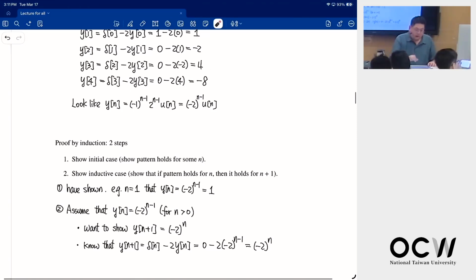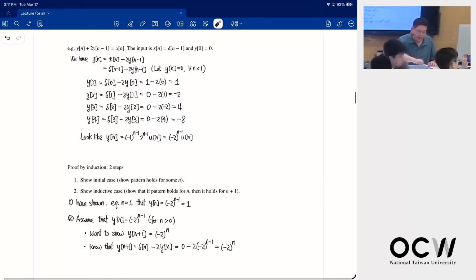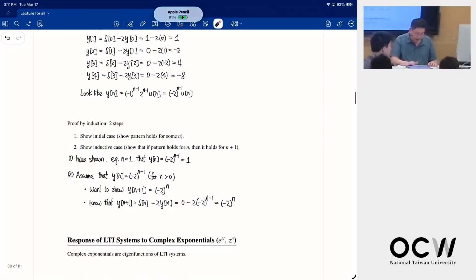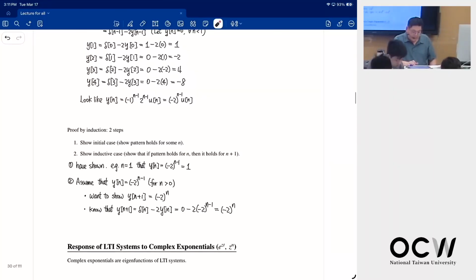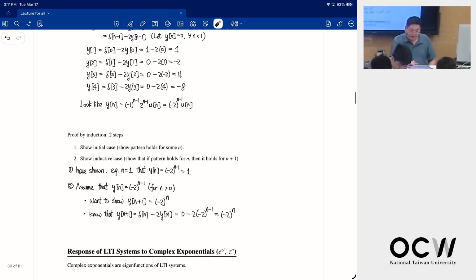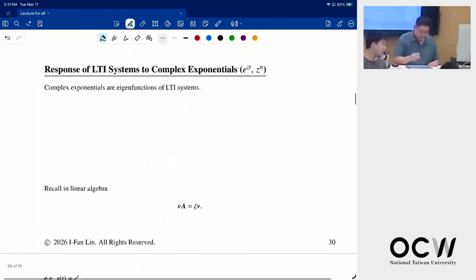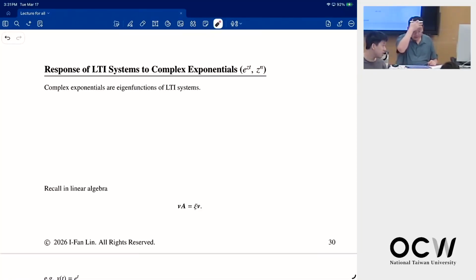Right. Now let's take a break, and then later on we are going to talk about the response to the complex exponentials. Okay, so let's see the response of a linear time invariant system. Now my input is complex exponential. This is continuous time.